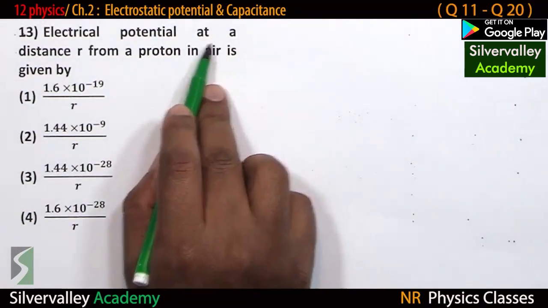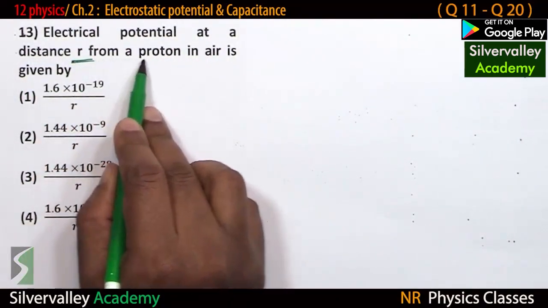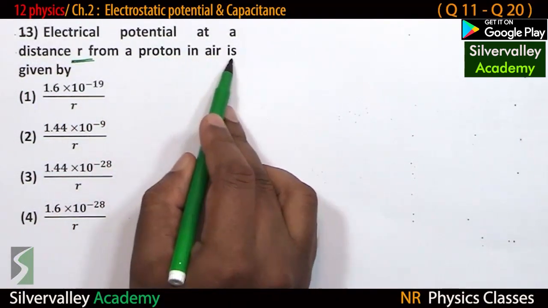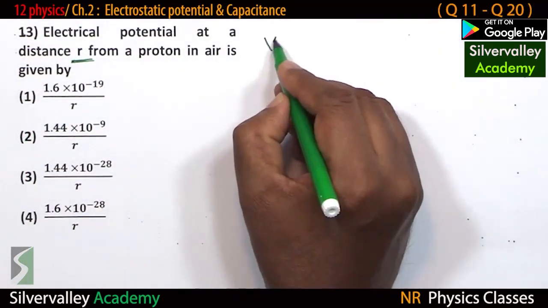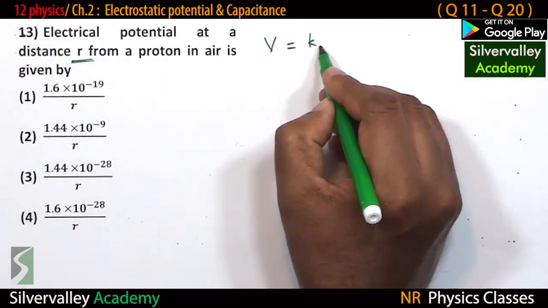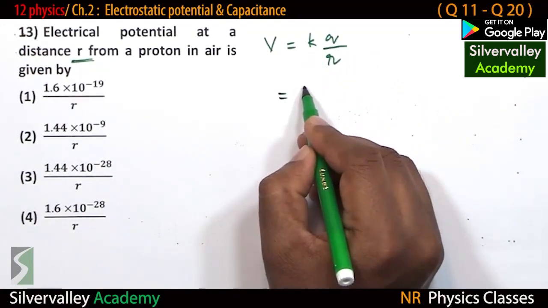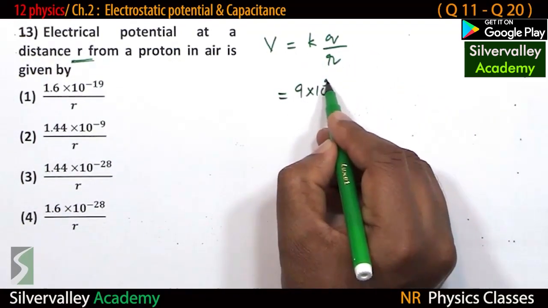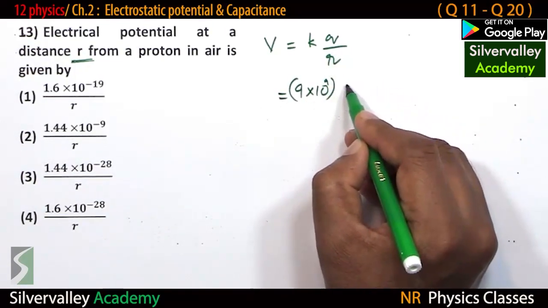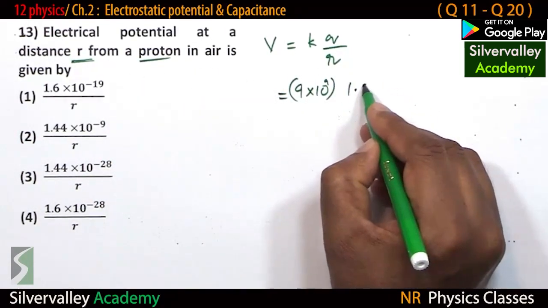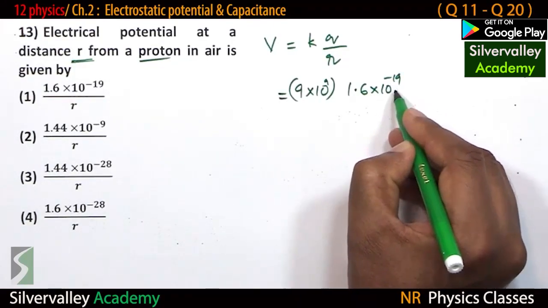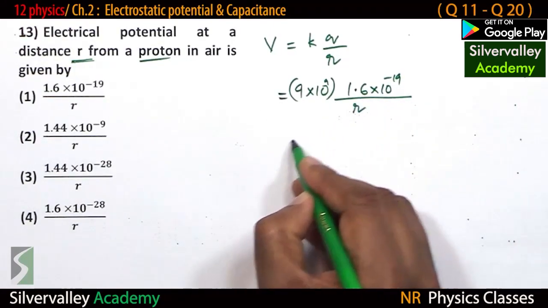Electrical potential at a distance r from a proton in air is, so the potential is constant times Q by R. This constant is 9×10⁹. Charge is the charge of a proton, 1.6×10⁻¹⁹, by distance.